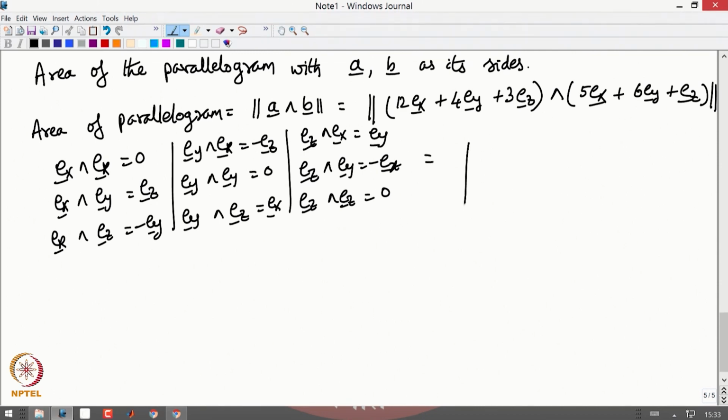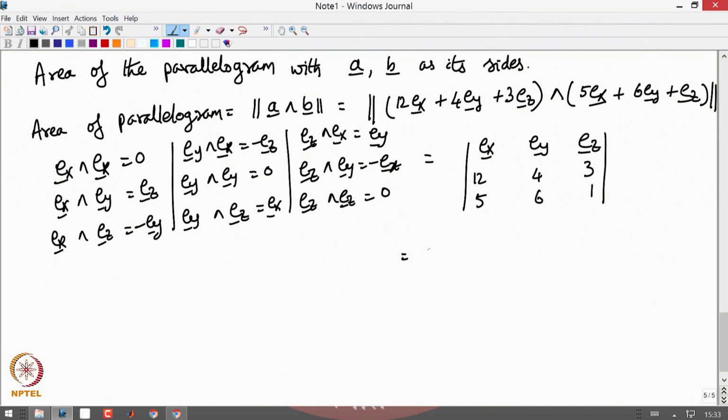But there is another way of doing this, which you would have learned even in high school, wherein you write E x, E y, E z and take the determinant of this matrix. That is okay because it yields the same result.